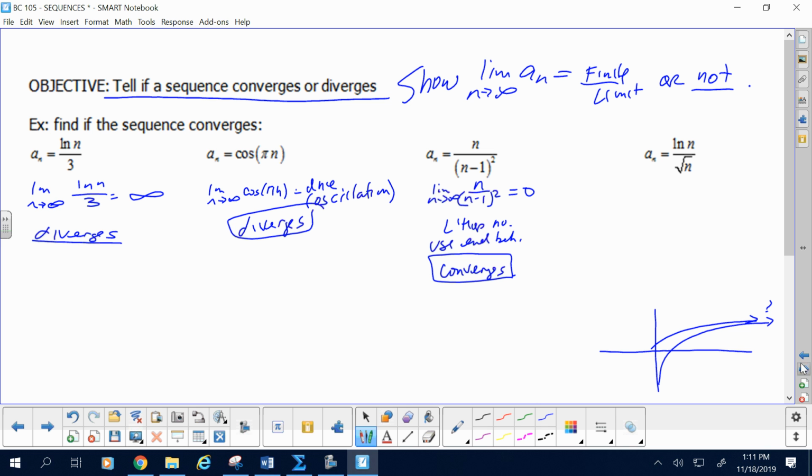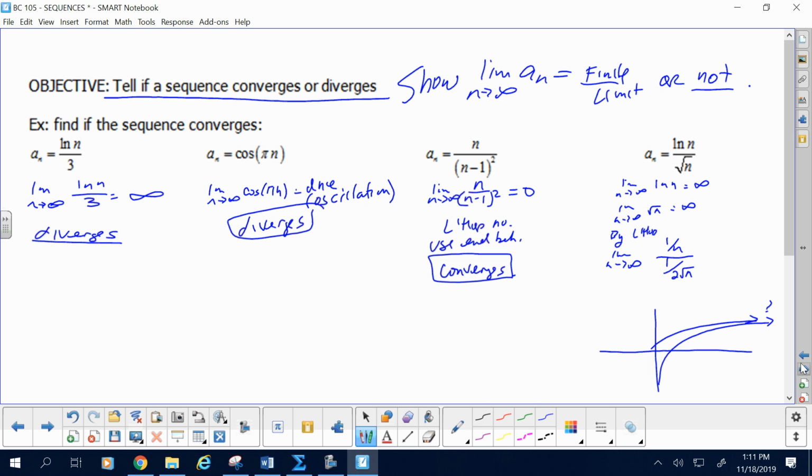Now, this one, you guys have great end behavior skills, but this one might be new, so let's go with L'Hopital because there is some question. The top goes to infinity, the bottom goes to infinity, and so by L'Hopital we can investigate further by comparing 1 over n to 1 over 2 root n.